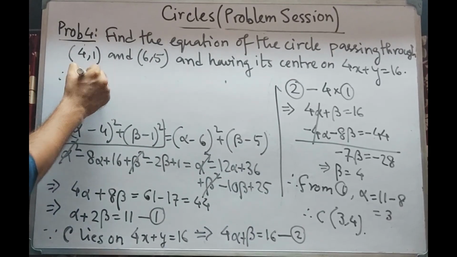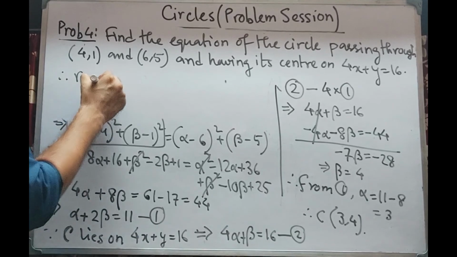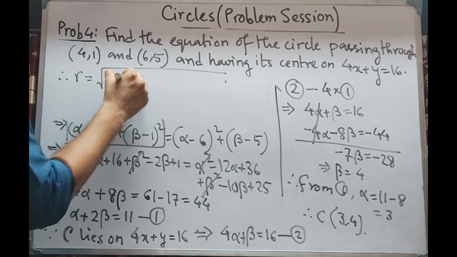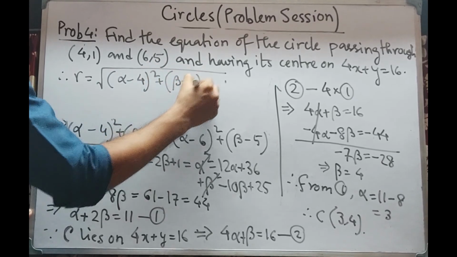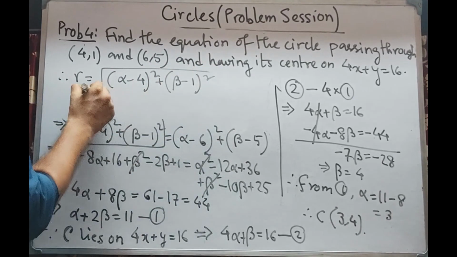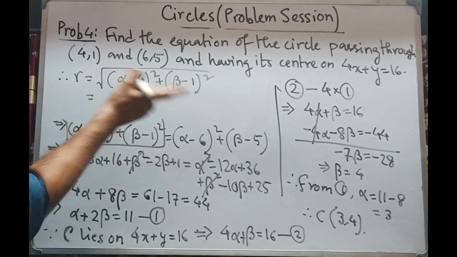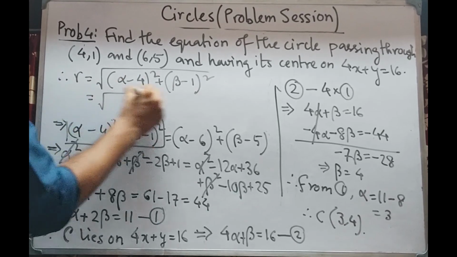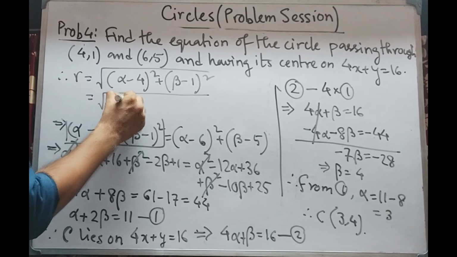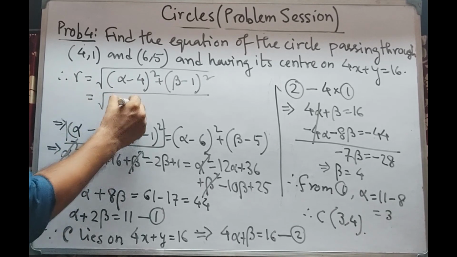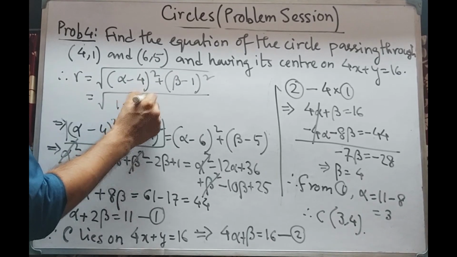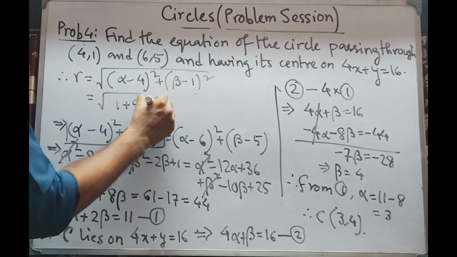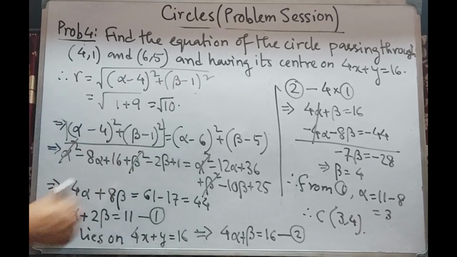Therefore, radius r is equal to square root of (alpha minus 4) whole square plus (beta minus 1) whole square. It is better to write once in terms of alpha and beta. Now you put the values. So square root of 3 minus 4, that is 1 square, that is 1, plus beta is 4 minus 1, so 3 square, that is 9. So the radius is root over 10.